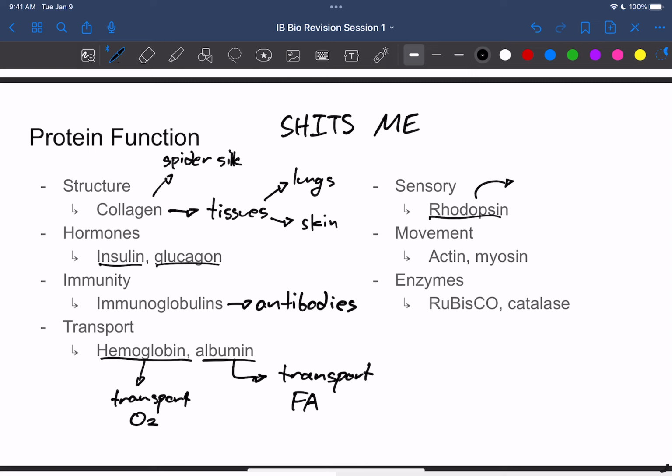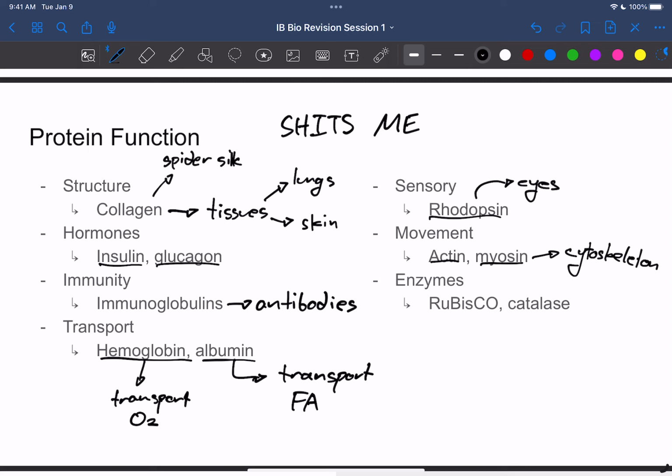Rhodopsin is in your eyes, and it helps you see color and a bunch of other things. Next, we have movement. So actin and myosin, these are part of your cytoskeleton. They help your cell move and also move things within your cell for ease of access.